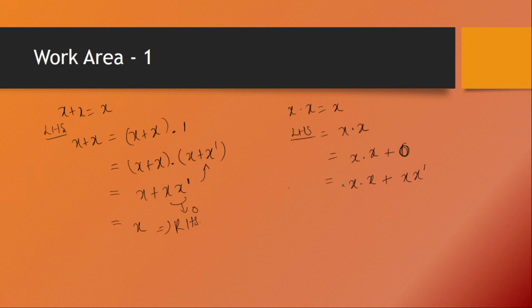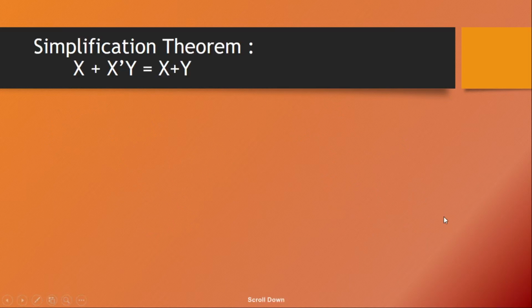Then we can take x common here, so x plus x dash is what is left. We know that anything OR its complement gives us 1. So that is x dot 1, which is nothing else but x. So that is your right hand side. Hence it is proved.